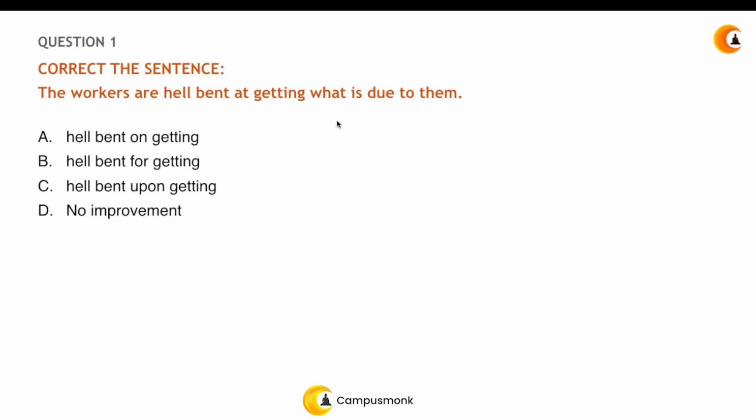All right, so the question says the workers are hell bent at getting what is due to them, right? Hell bent, the term here is bent, right? Always remember the word bent is always followed by a word like upon.